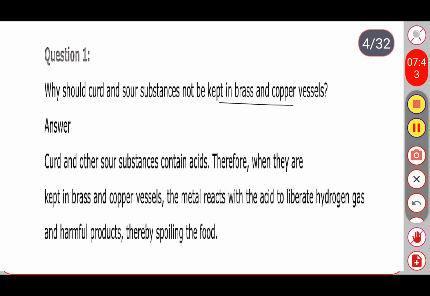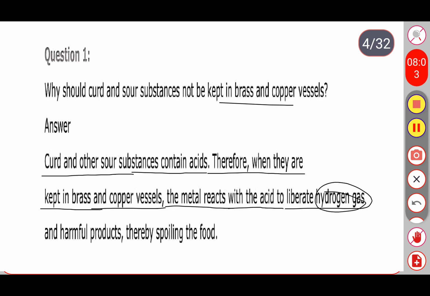Curd and other sour substances contain acid. Therefore, when they are kept in brass and copper vessels, the metal reacts with the acid to liberate hydrogen gas. Whenever the metal reacts with the acid, it liberates hydrogen gas.